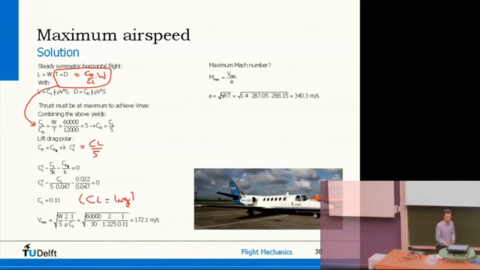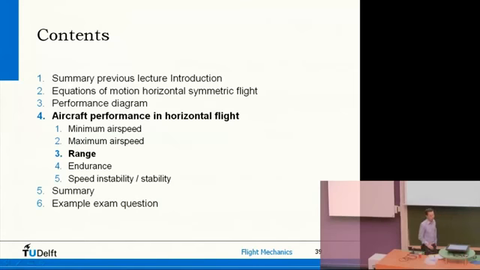So if you take this maximum airspeed we just calculated, that's actually Mach 0.5. So that's pretty fast, but it's by no means high subsonic or even transonic. So that's the minimum airspeed, maximum airspeed.